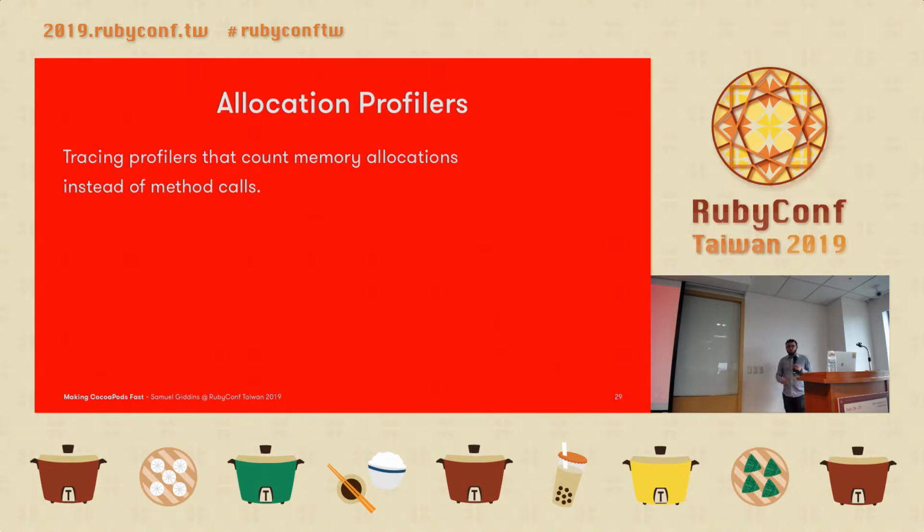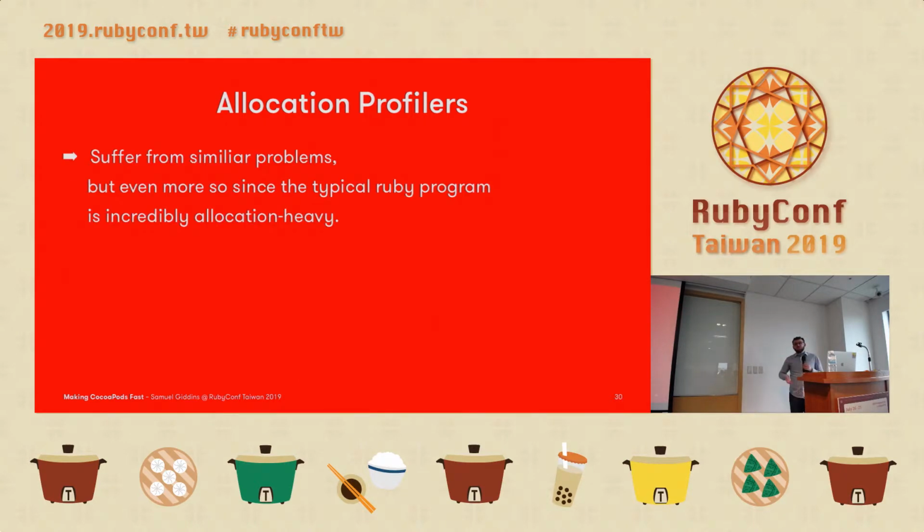And if you wanted to work on that and see the effects of symbol garbage collection and all that, you could look here. They suffer from similar problems as method tracing profilers, but they're even worse because I don't know if you know this, but a typical Ruby program allocates and deallocates a lot of objects because guess what? In Ruby, everything's an object. So everything you do has an allocation in it.